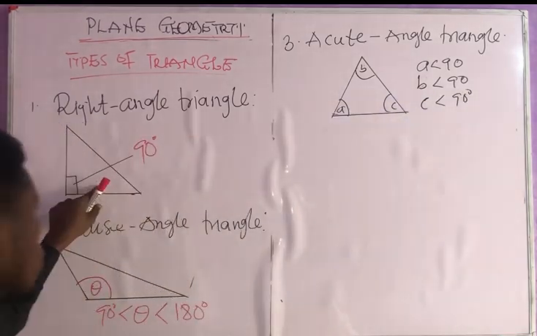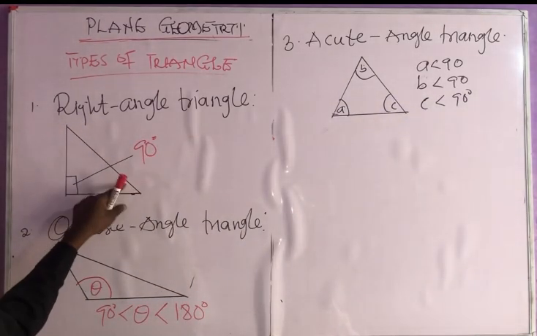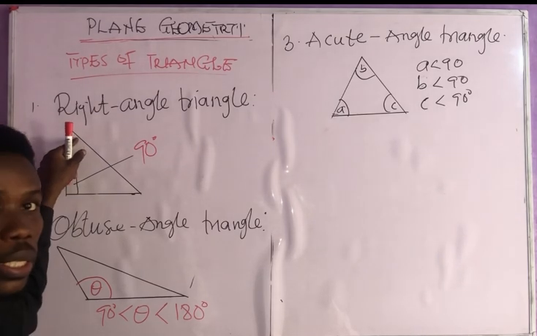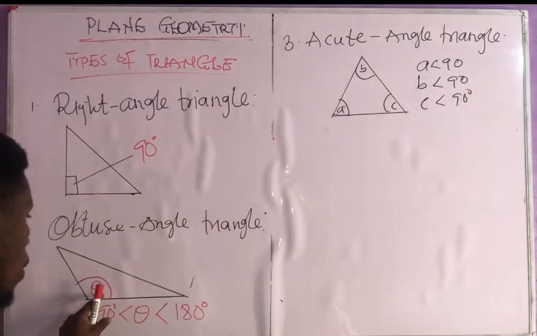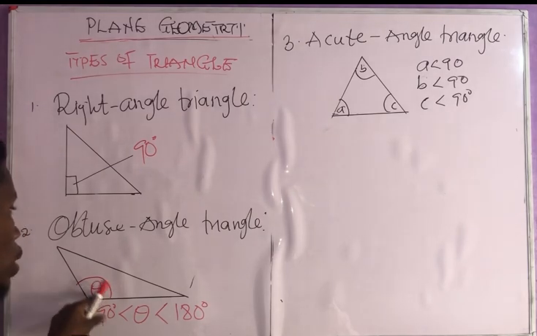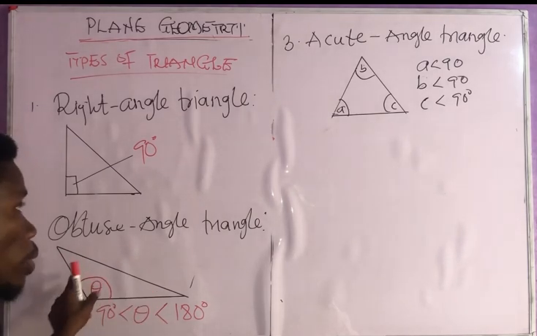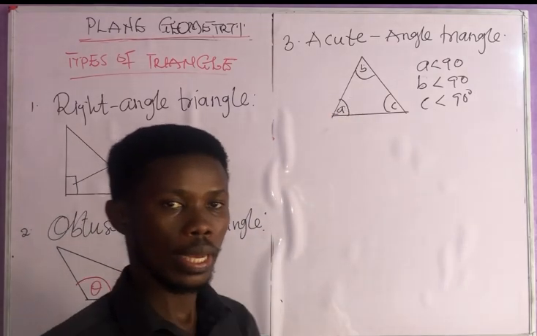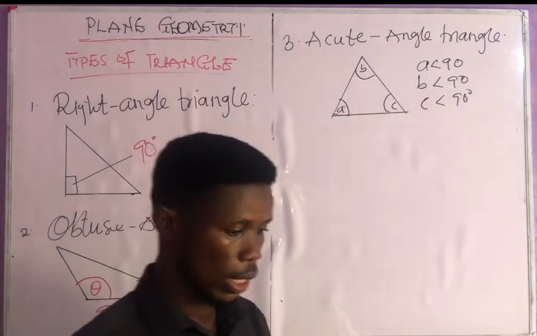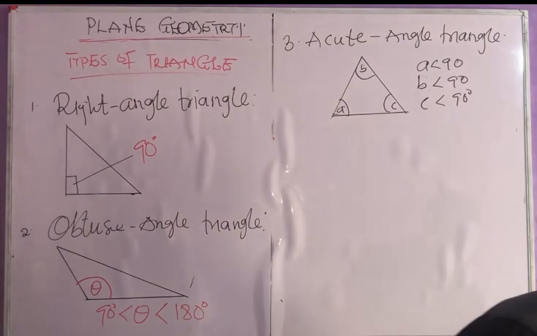Unlike this one, only one part is equal to 90. The rest can be any, so that when you add them, you get the 180. The same thing, only one part is greater than 90. The rest can be any, so that when you add them, you get the 180. But for this, all of them must be less than what? 90 degrees. That's an acute triangle.